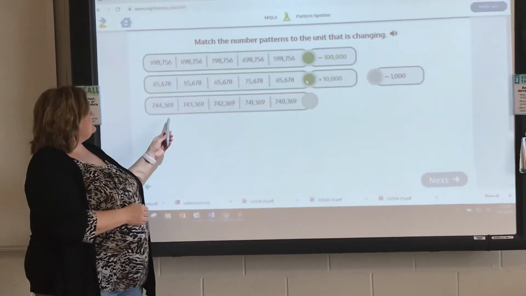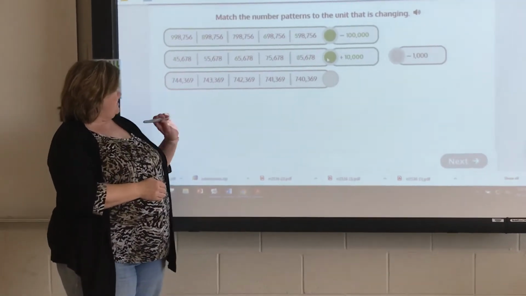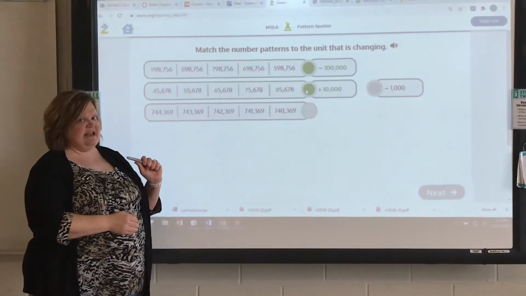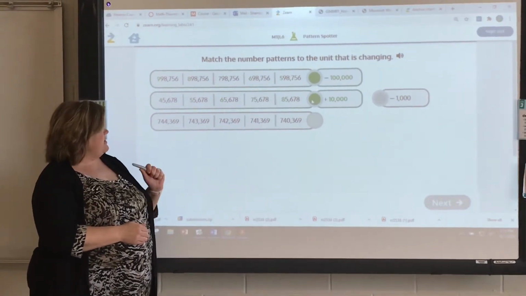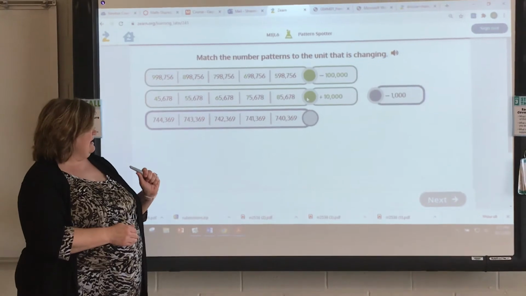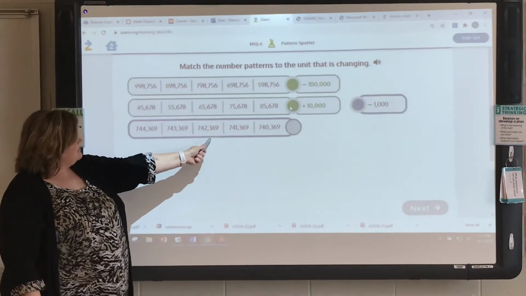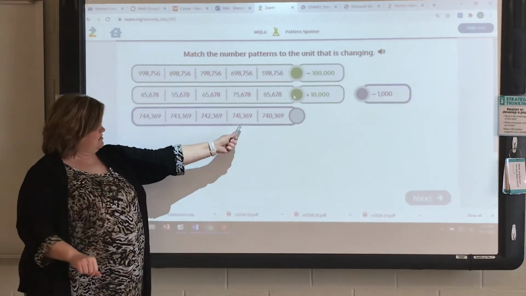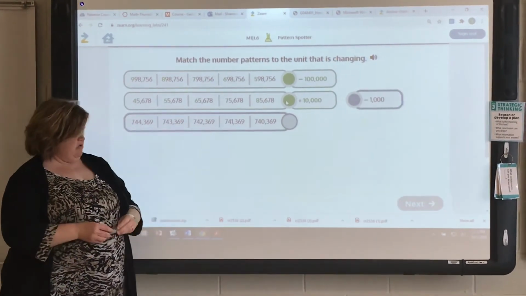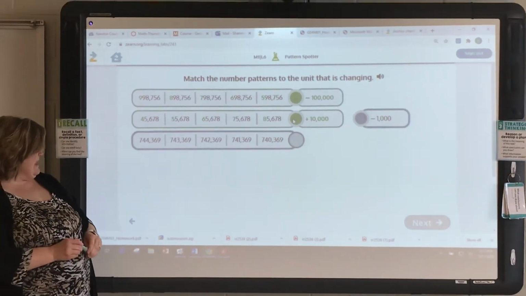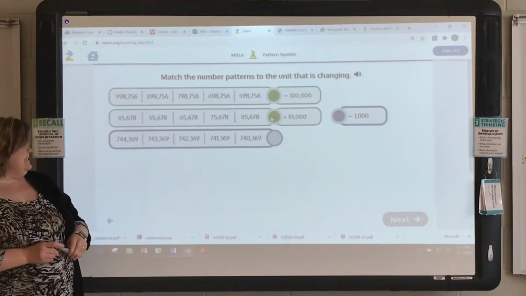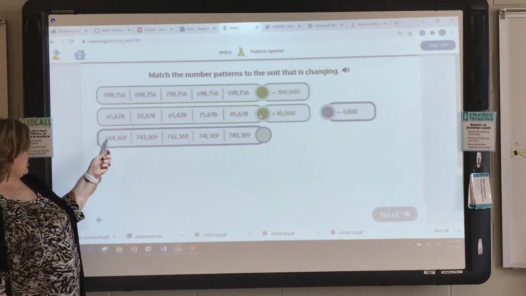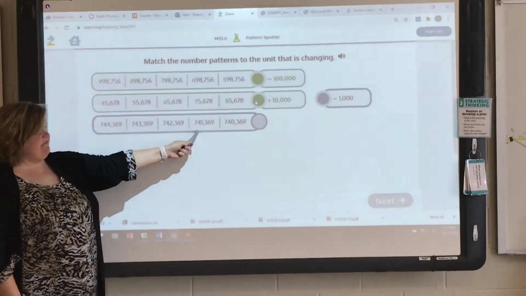And then our next set of numbers, 744,369, 743,369, 742,369, 741,369, and 740,369 is decreasing by 1,000 because our 100,000 is always 7.